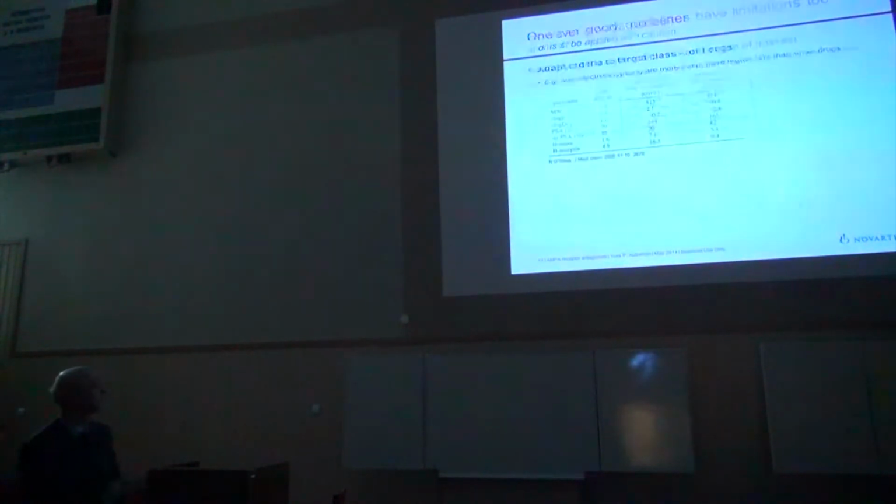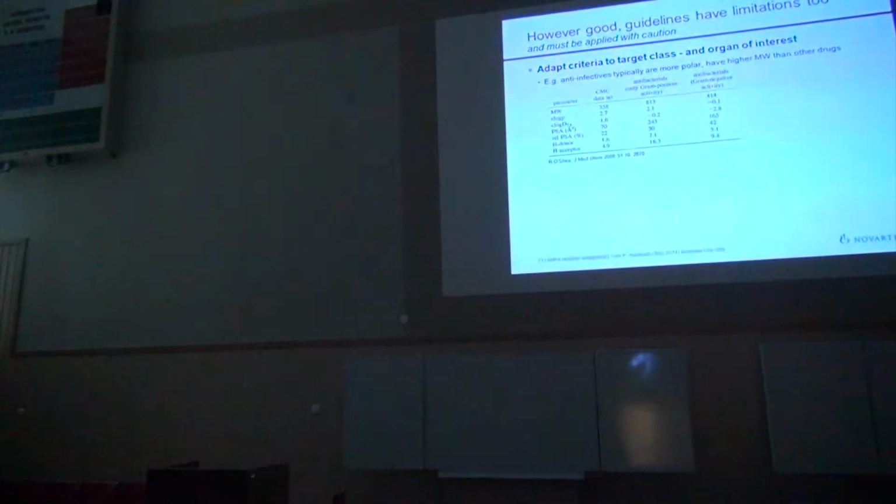So, next slide. What we need to remember, however, is that all these guidelines are guidelines. They're not absolute rules, and they have limitations. For instance, I mentioned briefly that the parameters depend on the objective of the drug, of the class. And you can see here, if you take a simple parameter like the molecular weight, for all drugs on the average is 338.